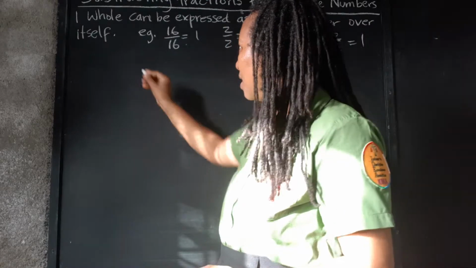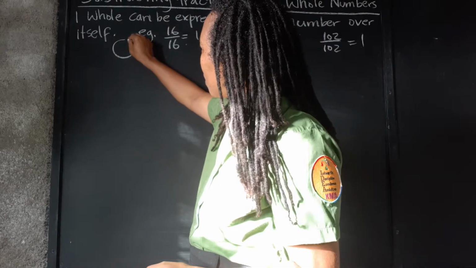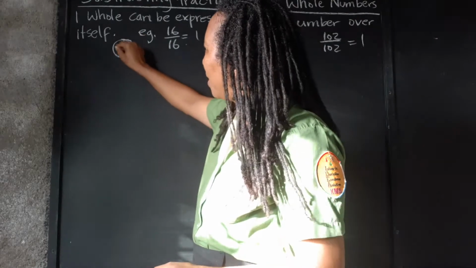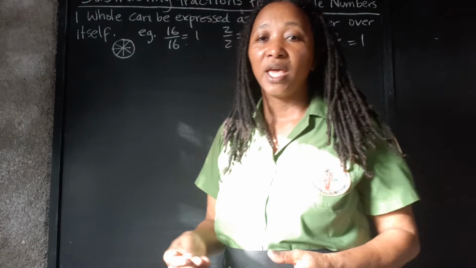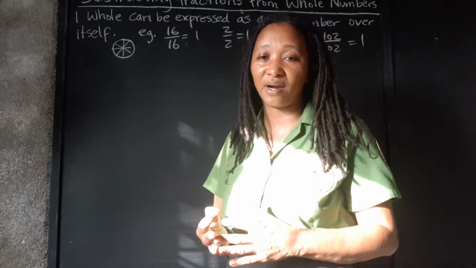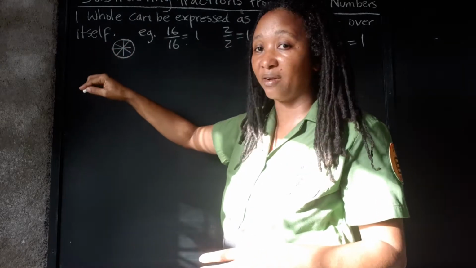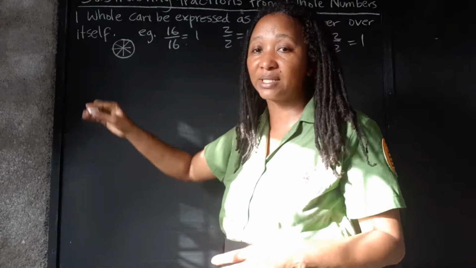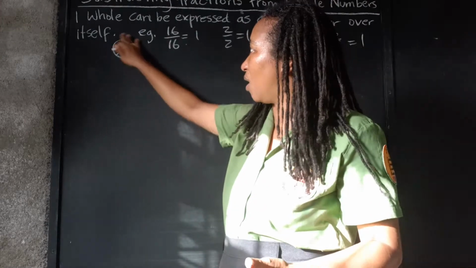Because remember, if you have a fraction, no matter how many equal parts you cut it up into, if you use up all of those parts, it's still that number over itself, right? So if you cut it into 8 parts and you took out 8 parts, 8 over 8 would represent one whole.